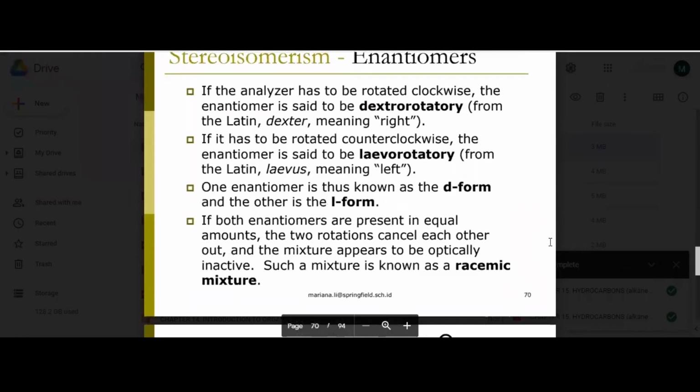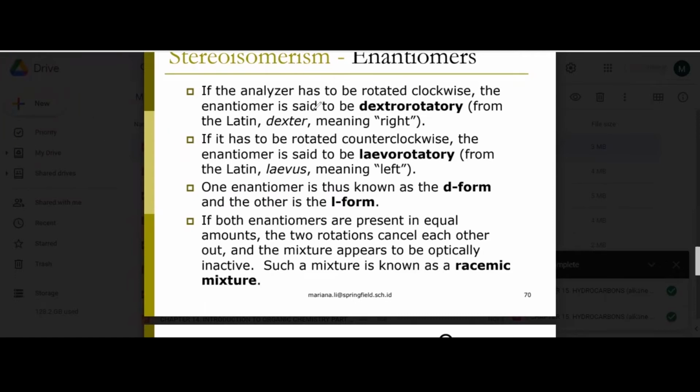If the analyzer has to be rotated clockwise, the enantiomer is said to be dextro-rotatory or D-isomer. Sometimes this is seen in saccharides, such as glucose and fructose.